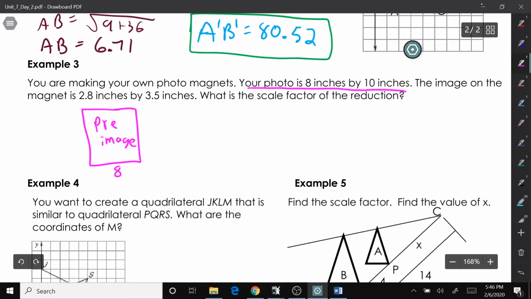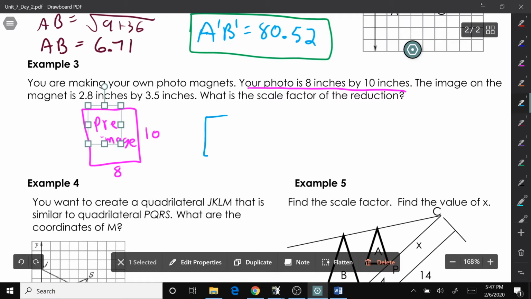It's 8 inches by 10 inches. When you get your school pictures and you get your 8 by 10s, when they make the smaller ones, they do this type of calculation to make sure the photo still looks proper. All right, let's draw a model for our image.